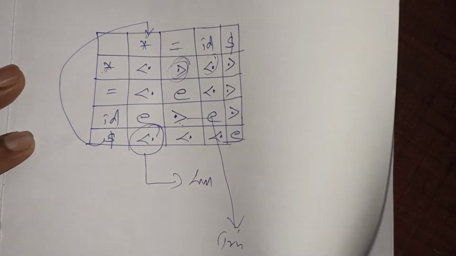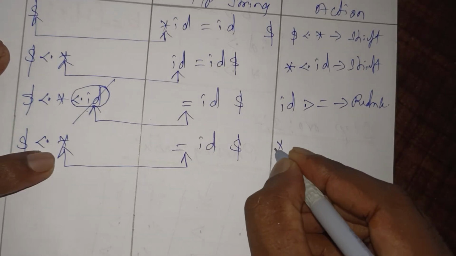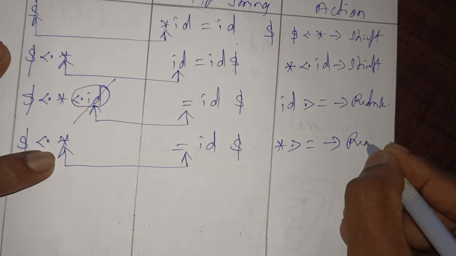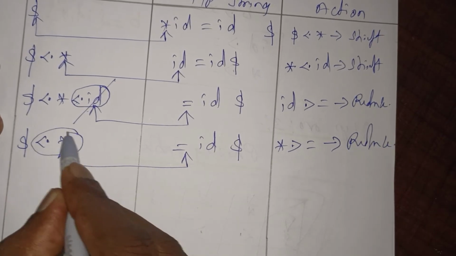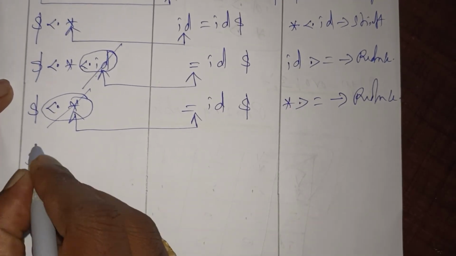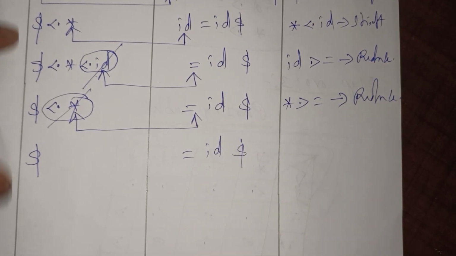If you are getting a trailing symbol, we need to perform reduction. So asterisk, trailing symbol equal to, again we need to reduce it. As you all know, we need to reduce both.